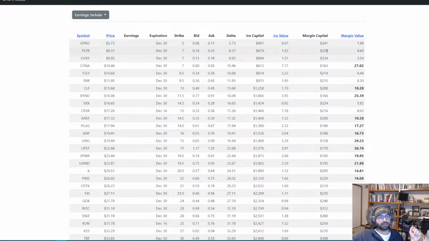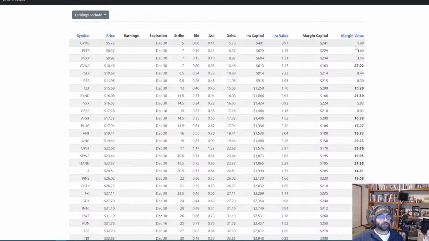And then the margin value, I'm using the Tastyworks formula, but they're all fairly similar. This is exactly what Tastyworks uses, except that if the ticker is deemed to be riskier, they will, instead of requiring 20% in one of the formulas, there's 3 different formulas, require more than 20%.